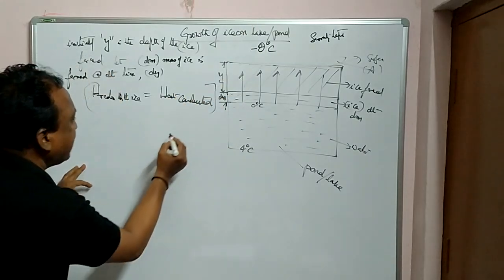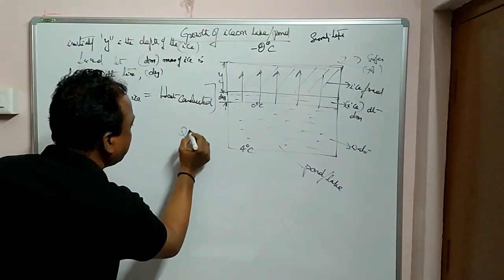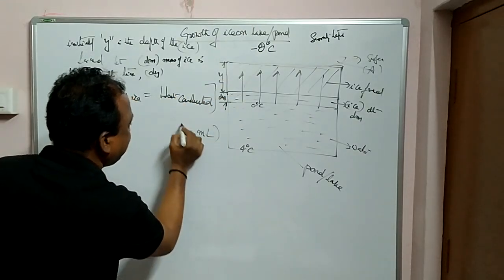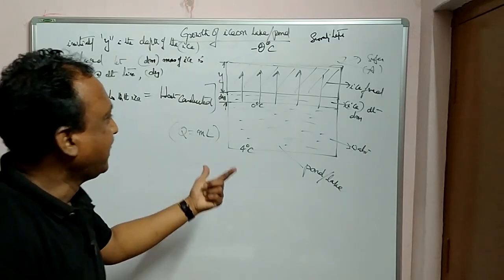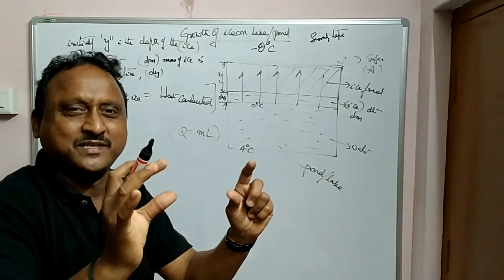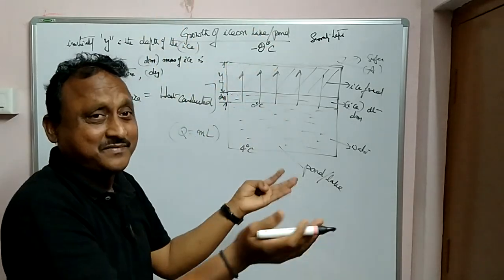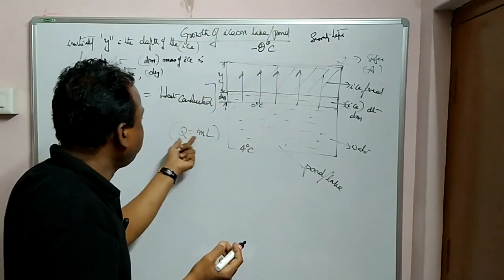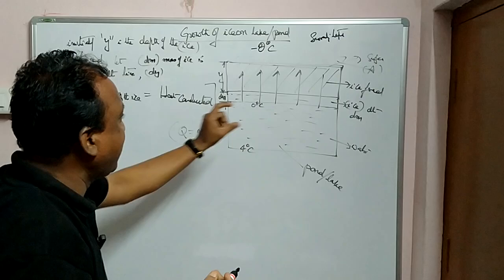So what is heat released? We know: Q is equal to mL, latent heat of fusion. Here the heat is released and conducted upward. So Q is equal to mL. What is m here?